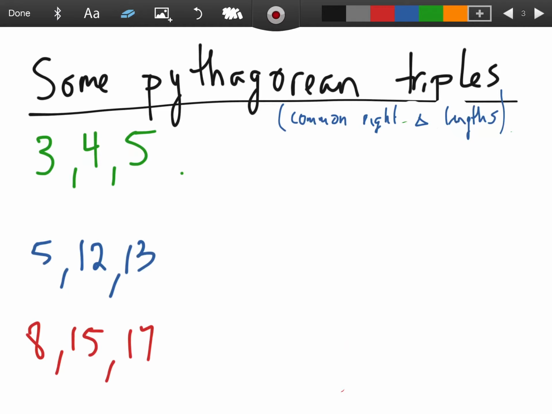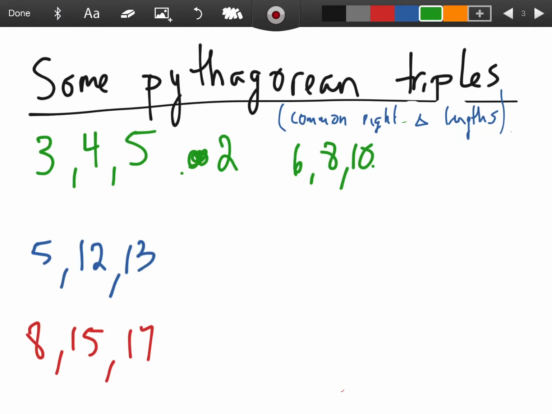All right, another important thing to note is that any multiple of these sides is also a Pythagorean triple. It will also be a right triangle. So if I were to multiply these all by 2, and I get 6, 8, and 10, we can see those sides are in proportion to the 3, 4, 5.